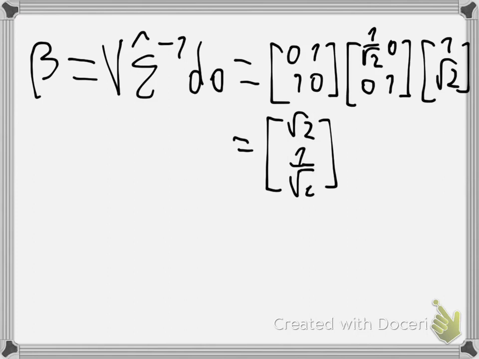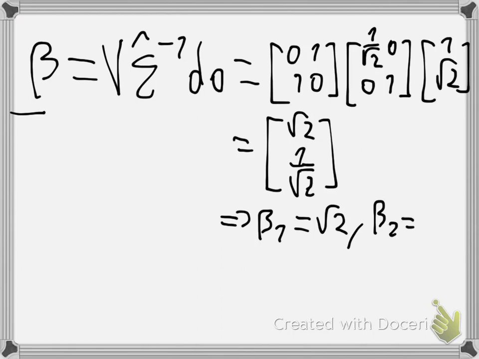And so I get that beta 1 is equal to square root of 2, and beta 2 is equal to 1 over square root of 2. Okay, so these are the two unknowns, and so these are the best approximation I can use to solve my least square problem.